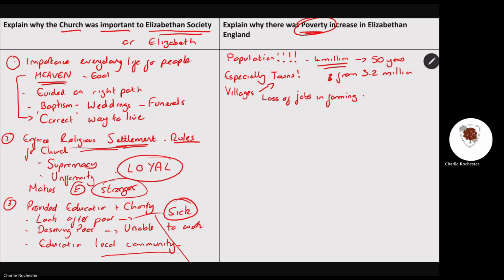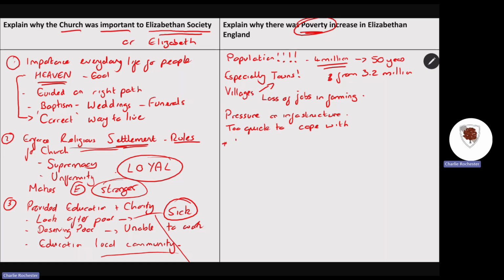Now, population increase puts a lot of pressure on infrastructure. And ultimately, it was just too quick to cope with. So as a result of this, there were a range of consequences.